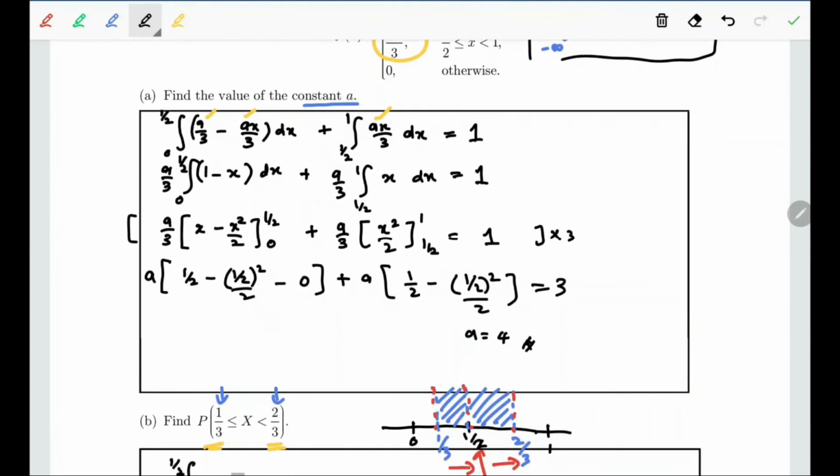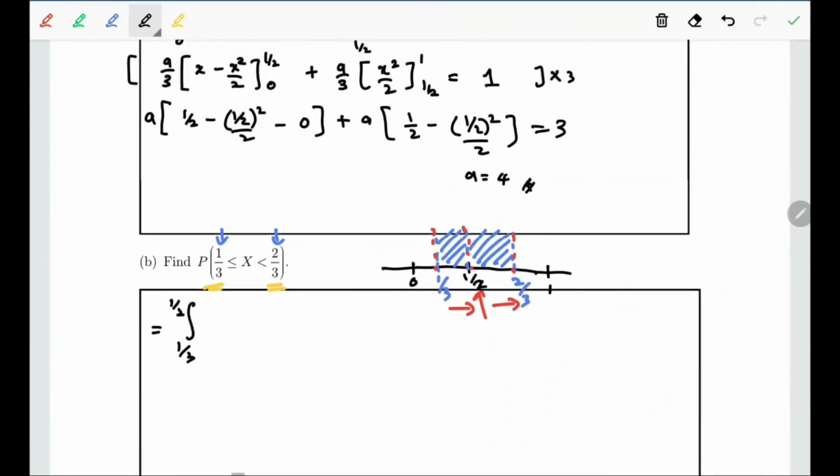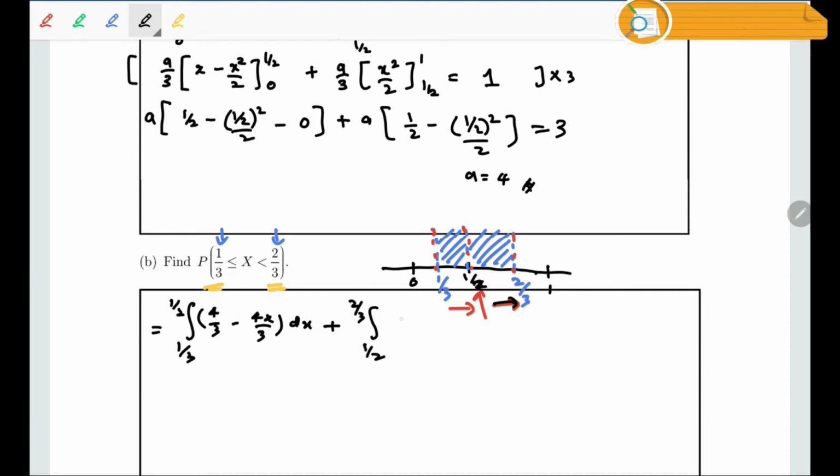Since we found a is 4, we integrate 4/3 minus 4x/3 dx, plus the second part, from 1/2 until 2/3, for the different function, which is 4x/3 dx.